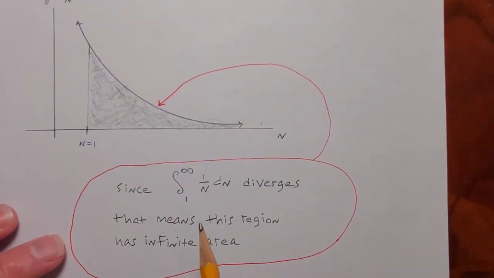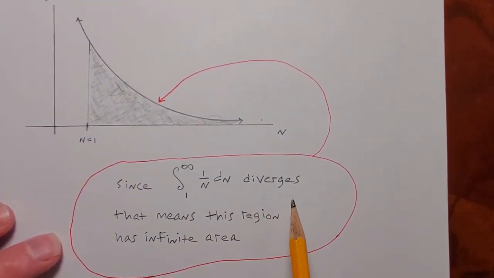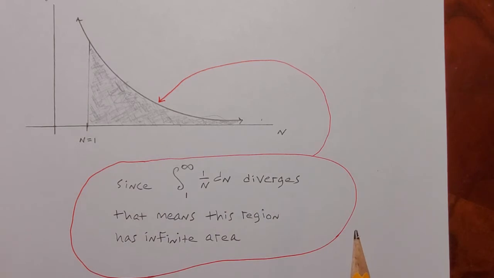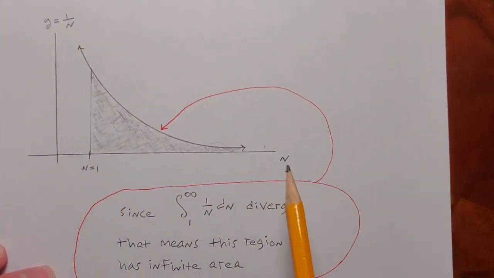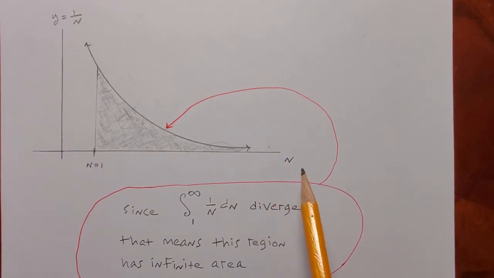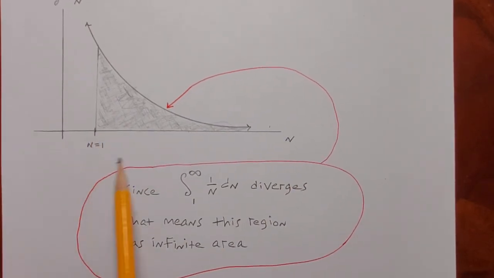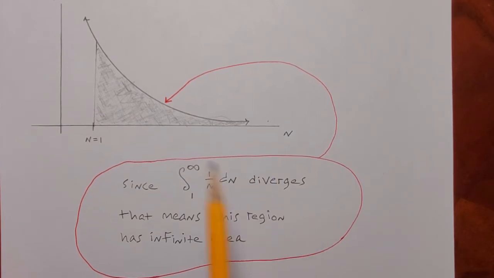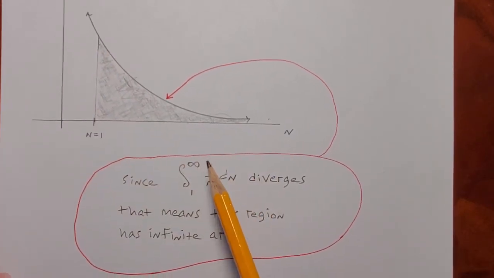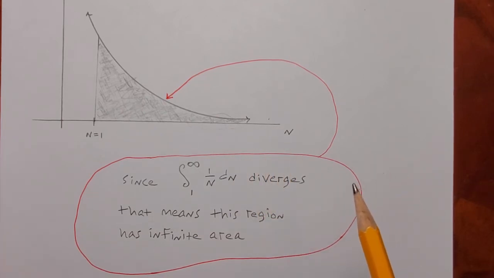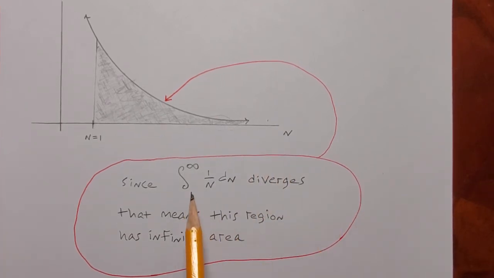So let's think about this integral. This integral right here diverges. Here's what that means: if you take the curve y equals 1 over n, and let's say that the horizontal axis is n, from 1 to infinity, then this area is infinite in size. That's one interpretation of what it means when I calculate that this integral diverges.